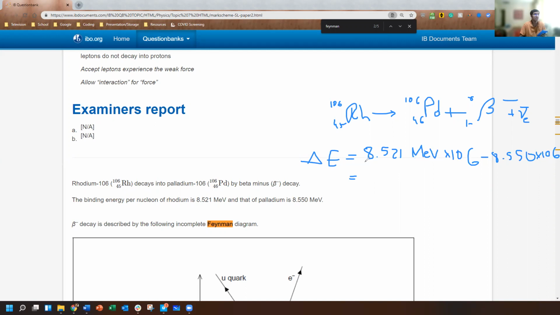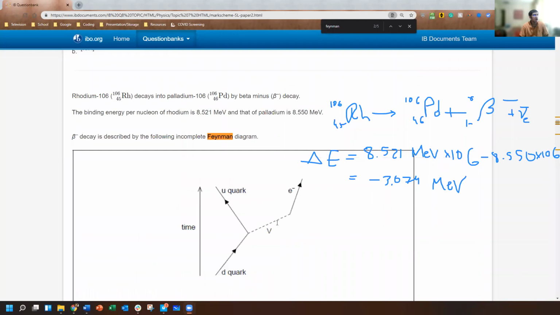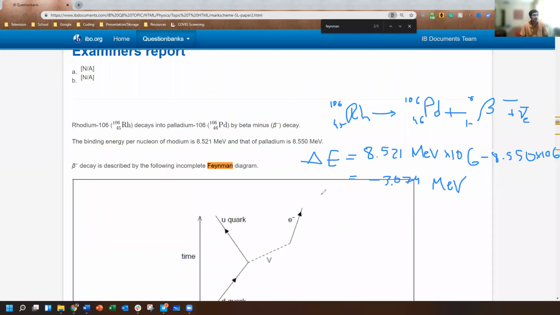Yeah, I'm sorry. If you had done final minus initial, you would have gotten a positive number. But this happens to be negative 3.074 mega electron volts. Let me see what the answer is. And then you could say the magnitude of the energy change is approximately 3 mega electron volts, as required.